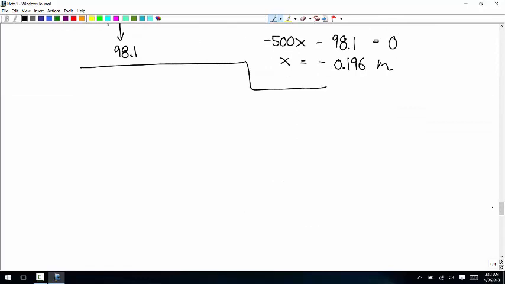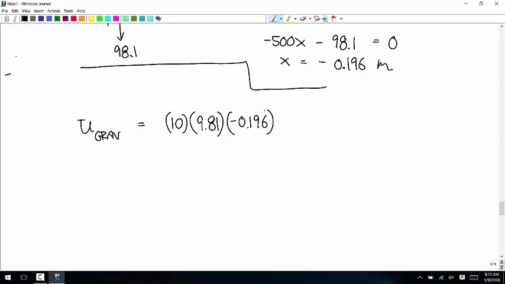Okay, so now the potential energy. The gravitational potential energy is the mass, 10, times 9.81, times the height. What's the height h? Our zero height is our resting length of the spring. And so this is 0.196 meters below our zero height.